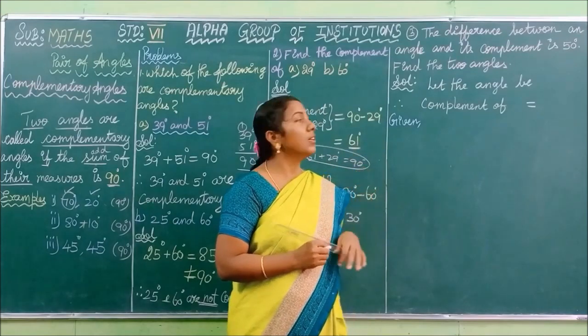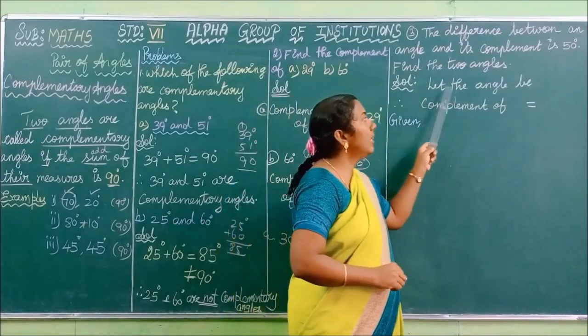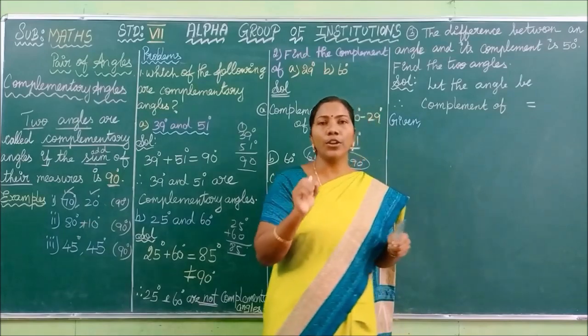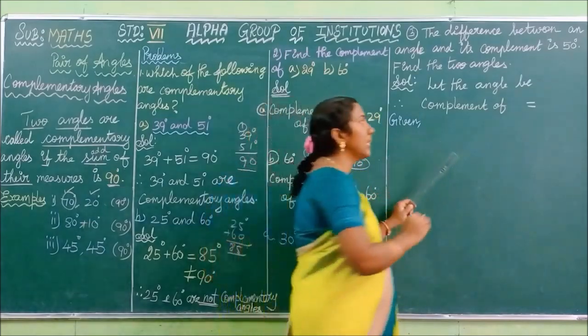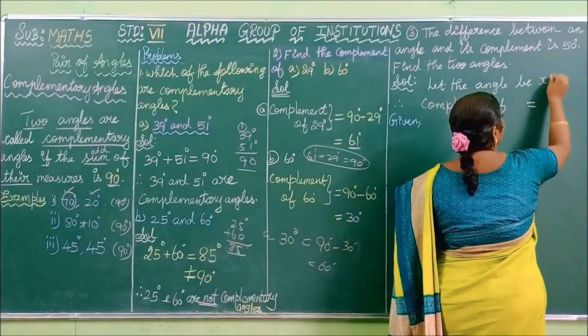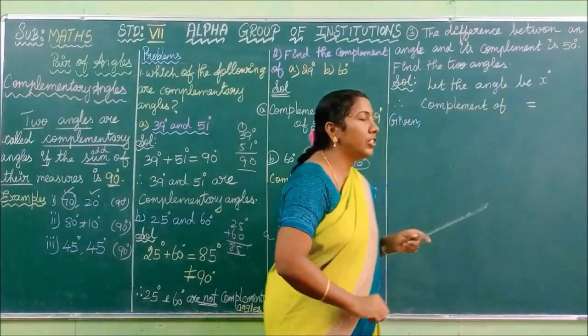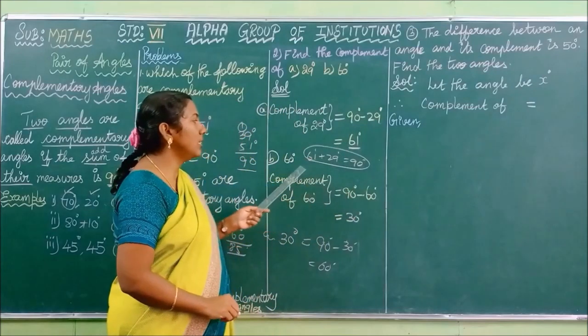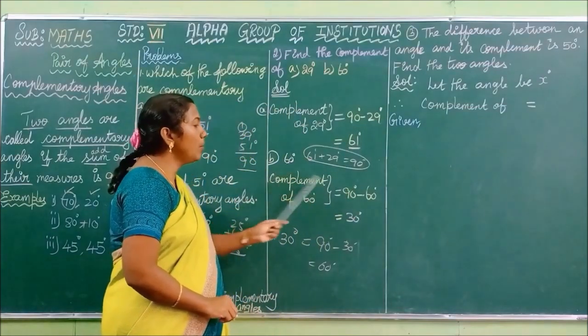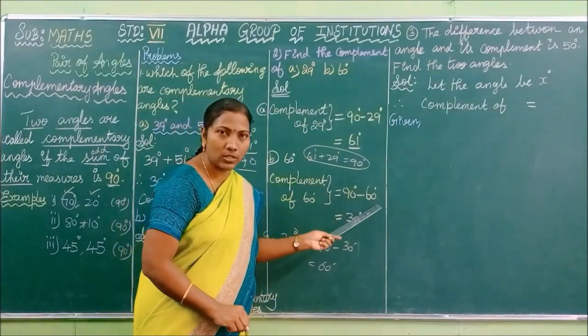Okay, we understand? See here, let the angle be, now we are going to consider that angle as x degrees. Let the angle be x degrees. See here, children, if the angle is 60 degrees, complement of 60 is 90 minus 60.